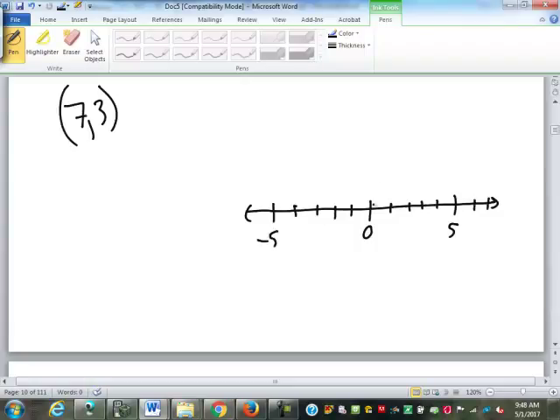But then I'm going to take a second number line, and I'm going to go through the 0 of that first number line. The second number line is going to go up and down, with positives going up and negatives going down. And its 0 is at the same 0 as the other one.